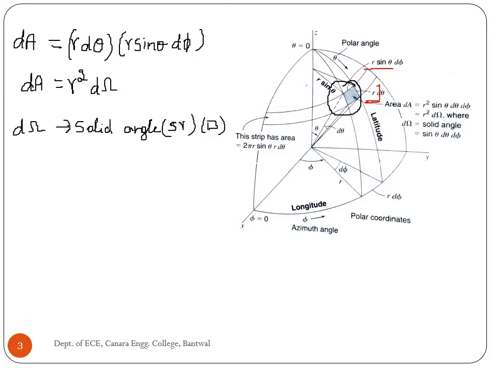So d omega is a solid angle subtended by the area dA.